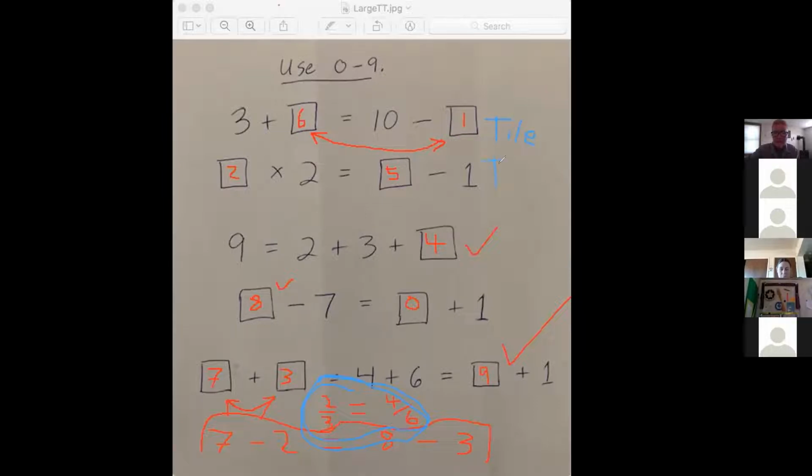And again, when I do this with students or teachers, I would use tiles, number tiles that they can easily move. So maybe they had a 0 in the top equation and then they realized later they need the 0 somewhere else. It's very easy for them to just simply move the tile from top down to the 4th equation.